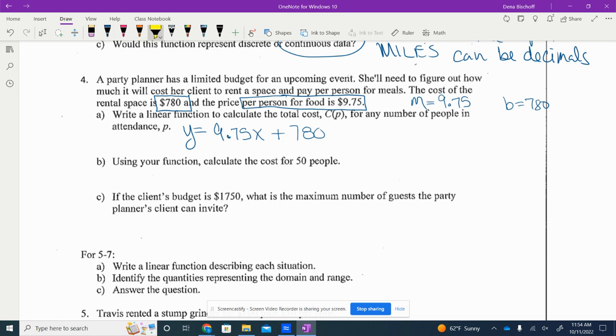But it wants us to use C of P, which is much like f of x, and P stands for the number of people. So I'm going to rewrite this equation, and I'm going to replace the y with the C of P, and I'm going to replace the x with the P. So C of P equals the cost per person, $9.75 per person, plus 780.